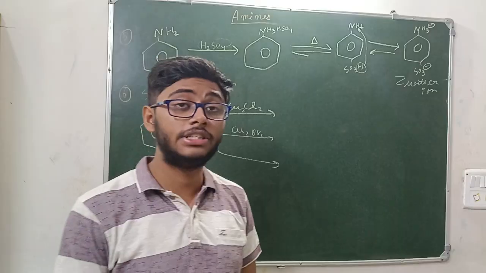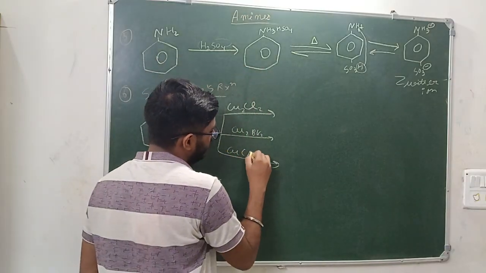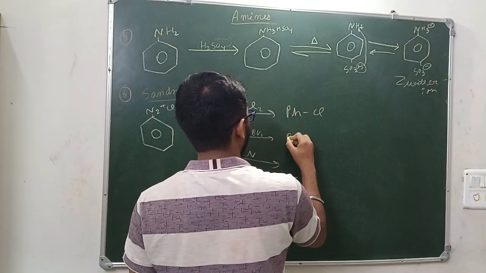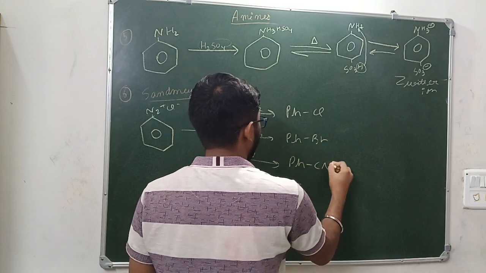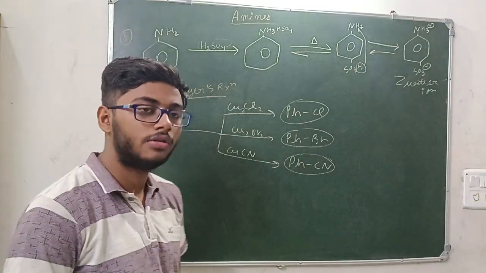Why? The reason is in the second video. You can go check it out. You can react with CuCl, etc. So the respective halogen products, chlorobenzene, bromobenzene, and cyanobenzene will be made. This is a very easy reaction. You can just go through it.